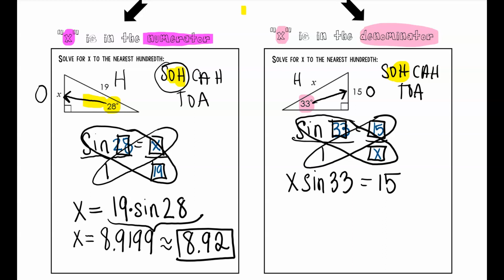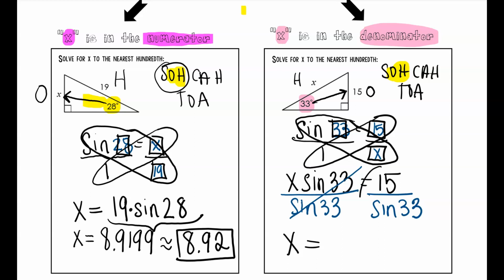Now, unlike over here, when x was already alone, here x is not alone. So to get x alone, you would divide by the sine of 33. Whatever you do to one side, you need to do to the other. All right, so that's going to go away, leaving you with x. All right, and then you're going to plug this all into your calculator the way you see it.